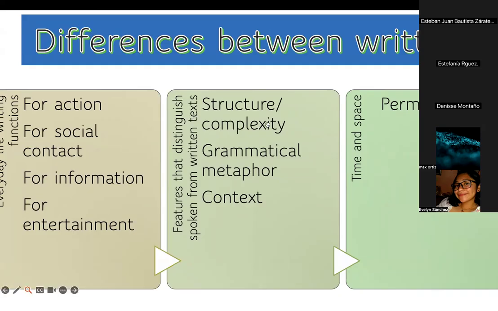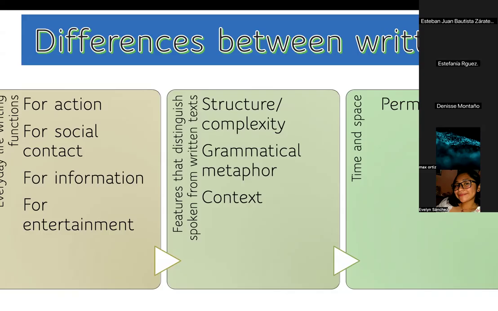First of all, the structure and complexity. Obviously, when you are writing a text, for instance an essay, it's longer than a speech. And of course, that essay will have a complexity, following the introduction, the arguments, the conclusion.